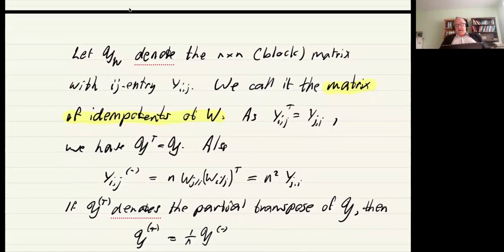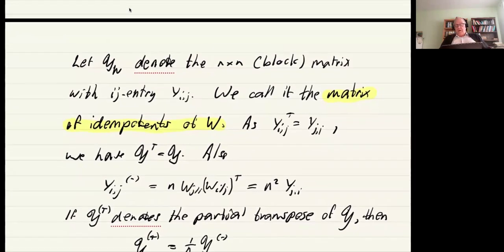First thing is that the ij entry of the transpose is just the ji entry. And so I'm writing y transpose is equal to y. Now I'm cheating a bit there. If I've got a block matrix, what I really mean is the partial transpose, so I'm taking the transpose of each block.